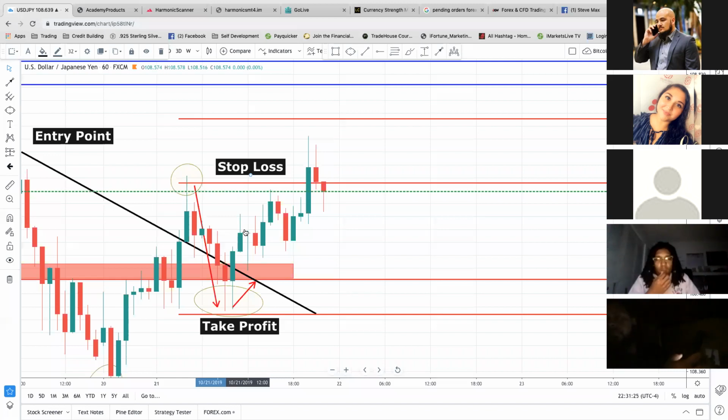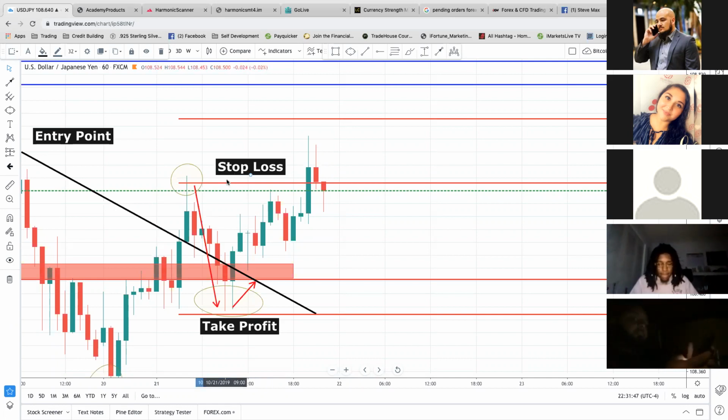I start taking half of my profits out the game. So if I have $1 a pip, you could take 50 cents a pip off. When you go to modify the trade in your MetaTrader 4, it asks you the amount on the top, how much you want to close up. You could close half your trade up and now let the rest ride at a break-even trade.